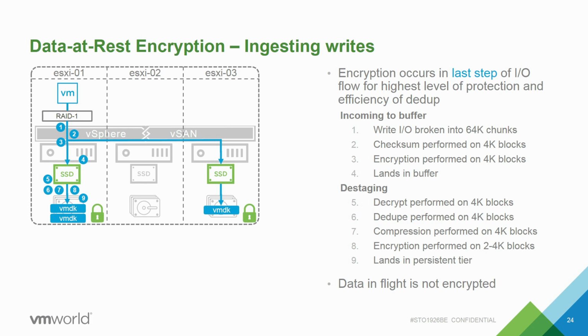So at no point is the data at rest unencrypted, but we can still do deduplication and compression, which historically would not work if the data was encrypted at a higher level at ingest, or possibly using VM encrypt, which was enabled in 6.5. Note, data in flight is not encrypted with vSAN encrypt. This is data at rest encryption.